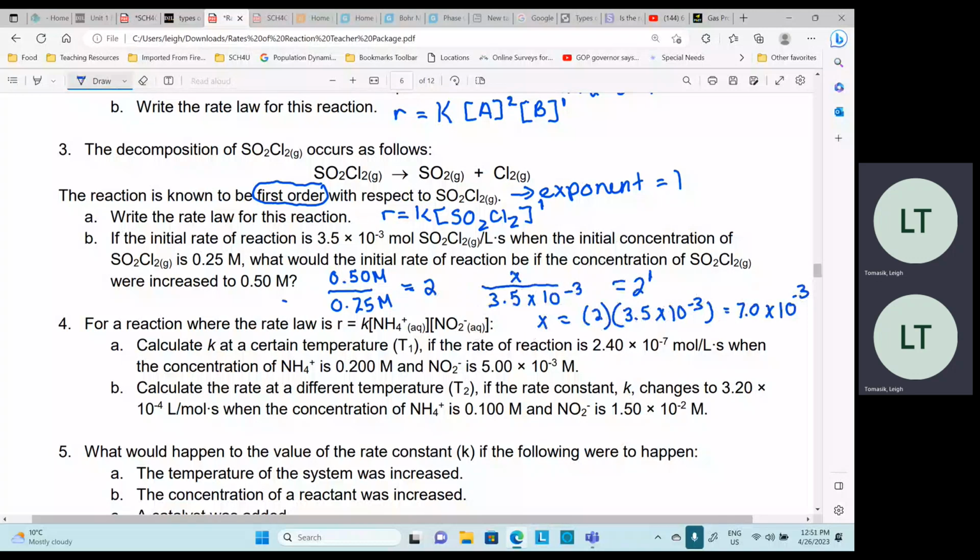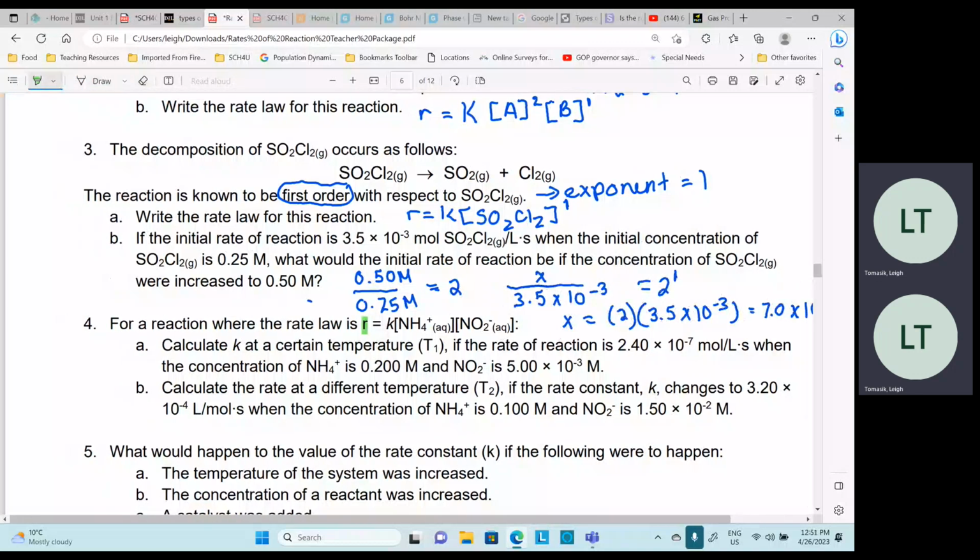Calculate K at a certain temperature if the rate is 2.4 times 10 to the negative 7 moles per liter when the concentration of NH4 plus. Oh, sorry, we have a new reaction. So the reaction where the rate law is this.